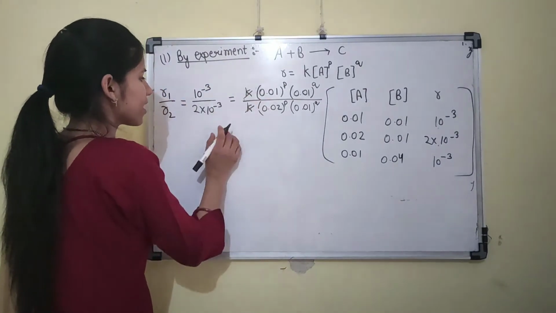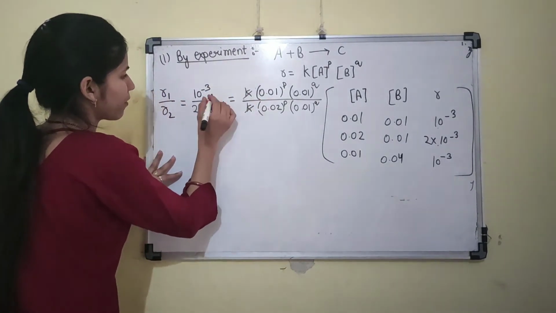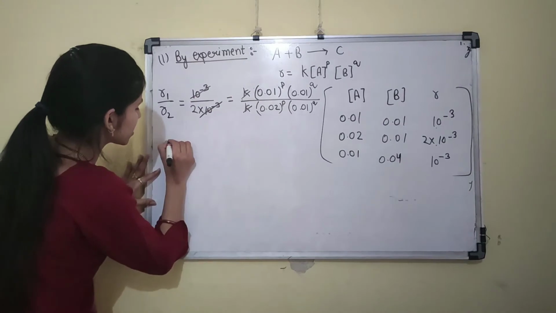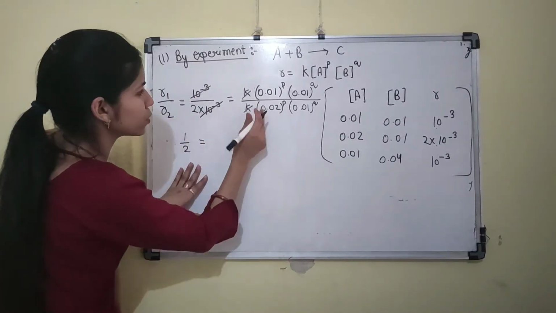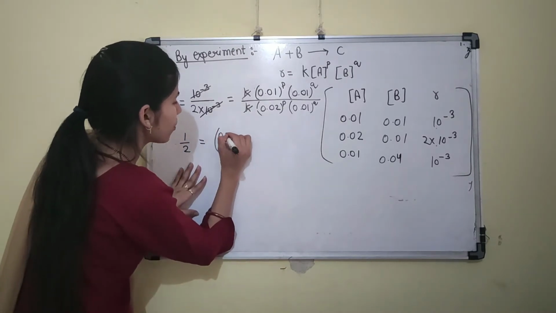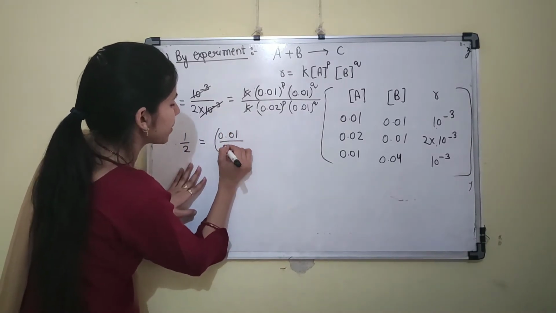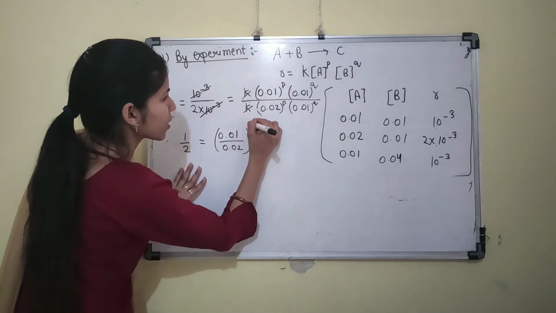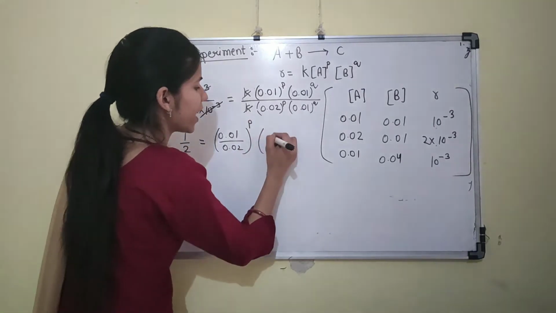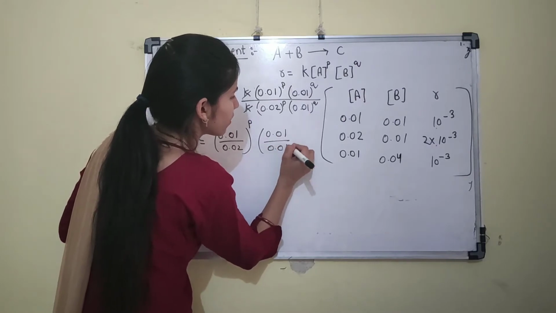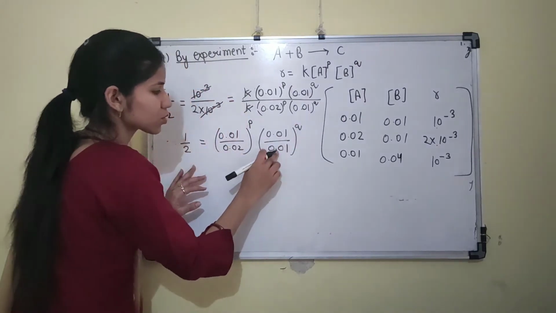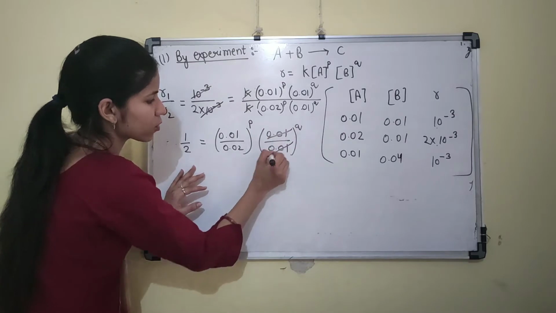Now K cancels out and 10 to the power minus 3 cancels out. So 1 by 2 is equal to 0.01 divided by 0.02 raised to the power P, and 0.01 raised to the power Q is the same on both sides, so this cancels out.